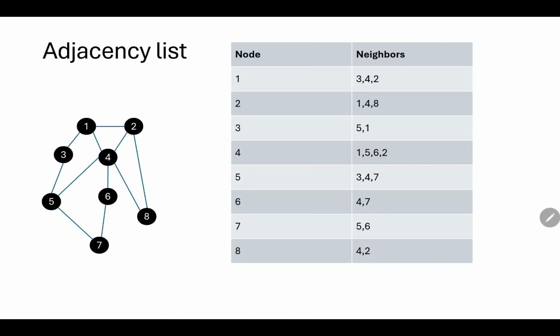For a 2D array, sometimes you've got to come up with your own algorithm to find neighboring cells. If you guys need a video on that, please let me know, and I will create a video on how to retrieve adjacent cells in a 2D array. So right here we have node 1: 3, 4, 2 as before; node 2: 1, 4, 8; and it continues like that, all the way down to node 8.